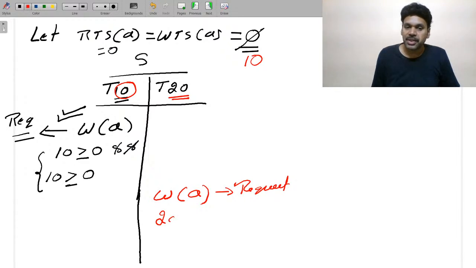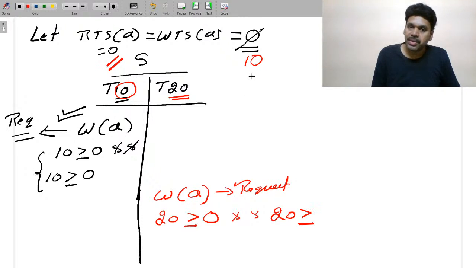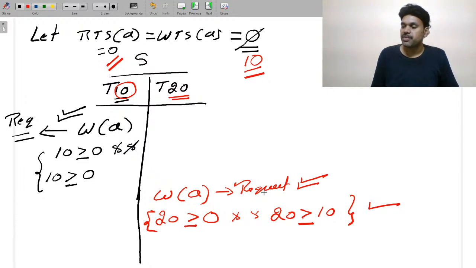You are coming with a 20, which is greater than or equal to read timestamp value 0, and your 20 is greater than or equal to your write timestamp value, which is 10. As this is a success, we say allow this request to perform write. After performing write, your WTS of A is going to be updated with this number. Now it is 20.